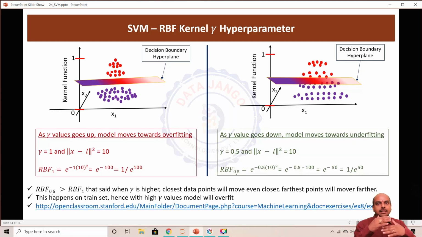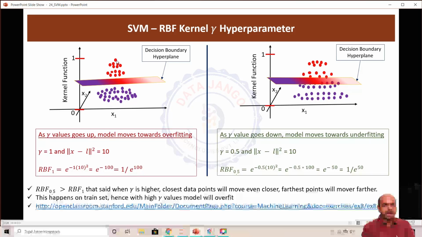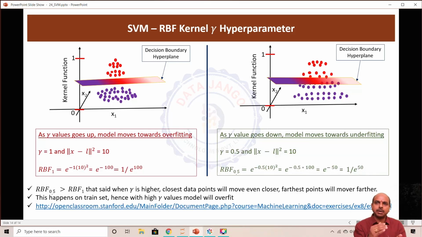If you take one data point and look at the whole data set, all the data points close to that data point will move up, because the RBF value is going to be close to 1. All the data points which are far from that data point will go far. Similarly, data points which are far from one data point, maybe close to other data points, will come down below. It becomes easier for us to draw a hyperplane or a linear decision boundary between these two types of records. The types are nothing but the classes, right?